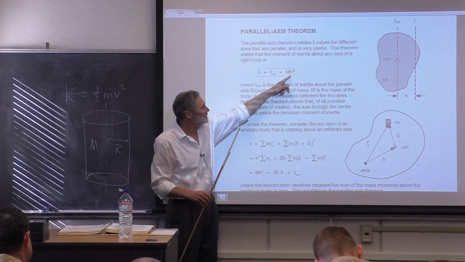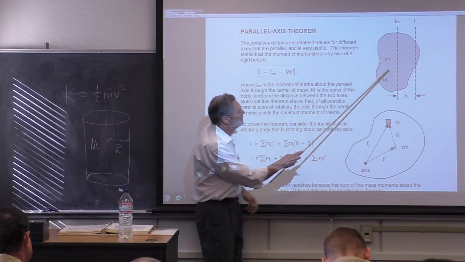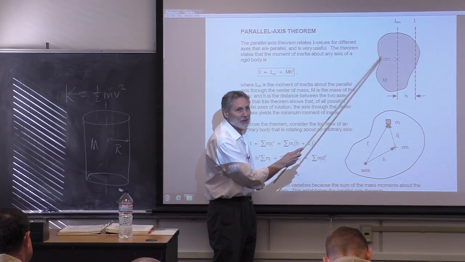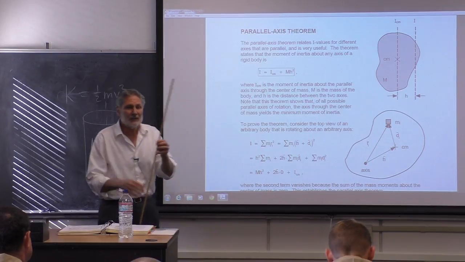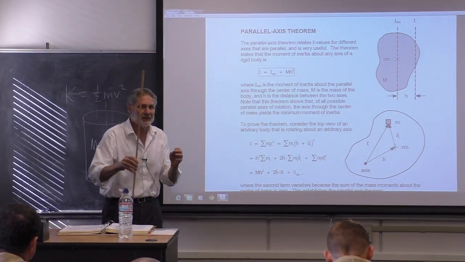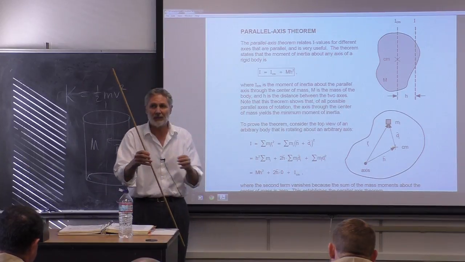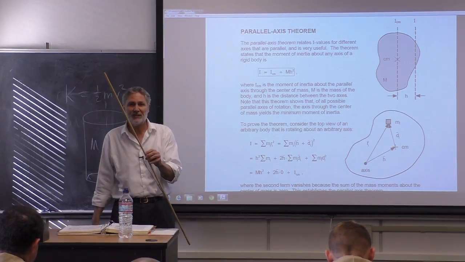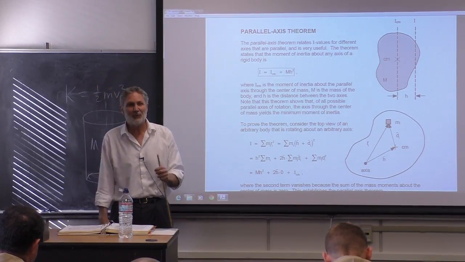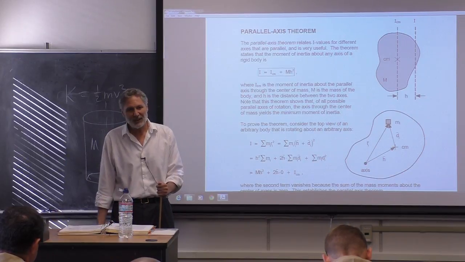Well, I take h equals 0. h is the distance between the two parallel axes. So of all the possible parallel axes, you can define any family you want, just as long as they're all parallel, the axis that has the minimum moment of inertia is the one through the center of mass, which kind of makes sense.